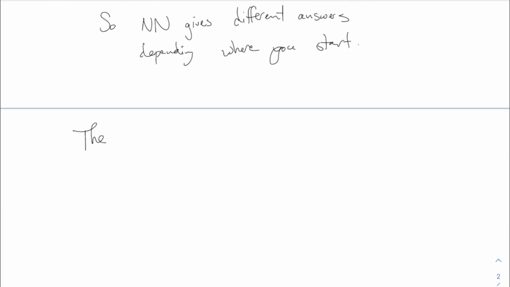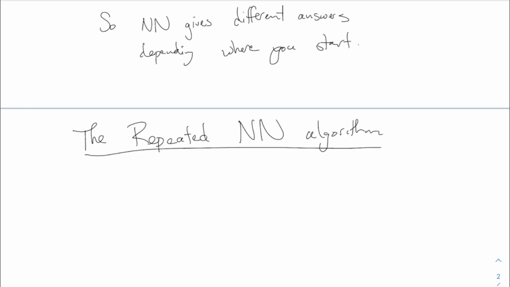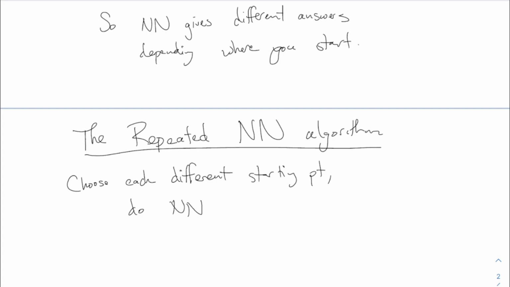That's called the repeated nearest neighbor algorithm. And how you do it is you choose each different starting point, and then you do the nearest neighbor for all of them.